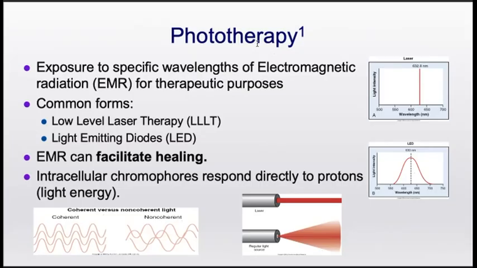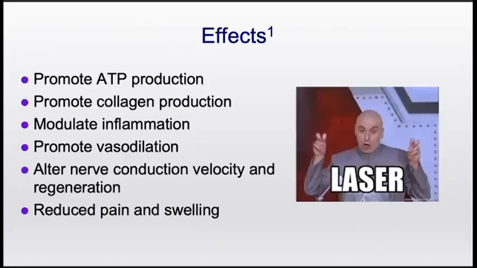Phototherapy can be used to facilitate healing. It also can be absorbed by the mitochondria. You've got what are called intracellular chromophores, which can absorb the photons, or the light energy, and convert it and facilitate the development and release of ATP.